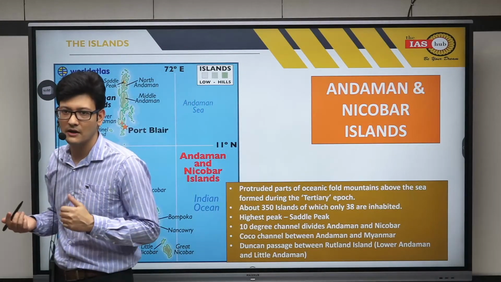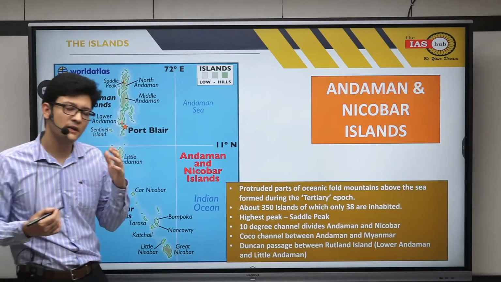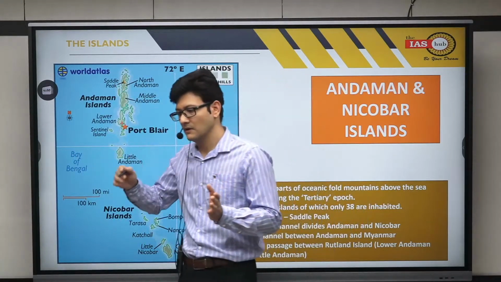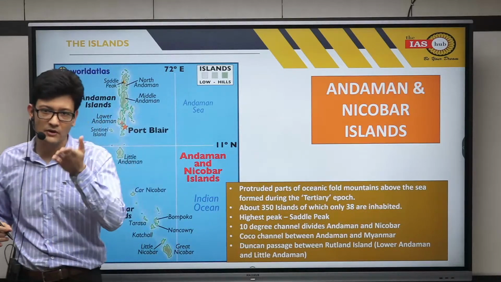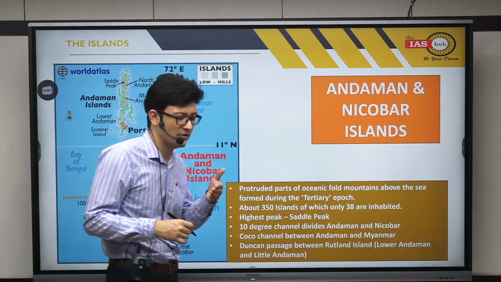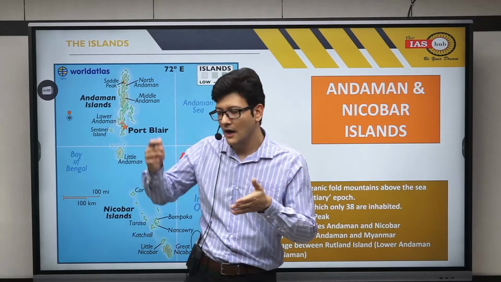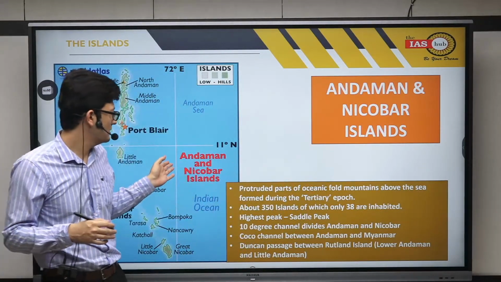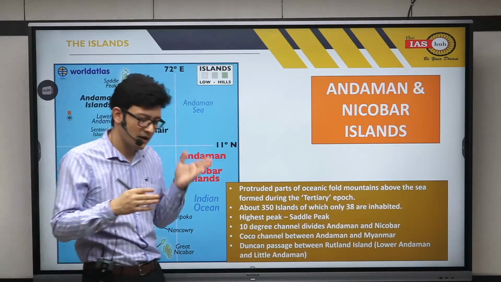So they are considered as the protruded regions of the Himalayas. When the Himalayas were forming, the eastern side of the Himalayas took a syntaxial bend, as we have already discussed, from Namcha Barwa, and then they enter into Myanmar, Arakan Yoma, and these are also considered as a part of Arakan Yoma only.